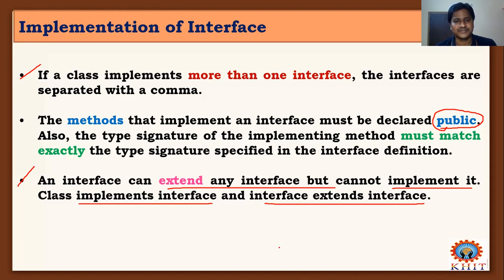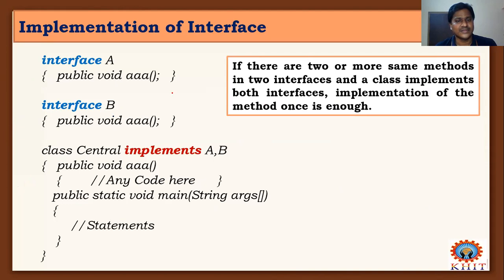Okay, coming to one example, here I will show you some examples clearly. If there are two or more same methods in two interfaces, and a class implements both interfaces, then there is a condition to remember about this type of implementation.